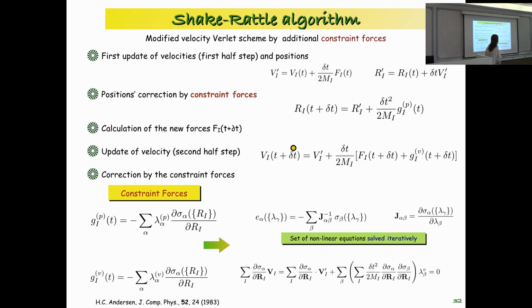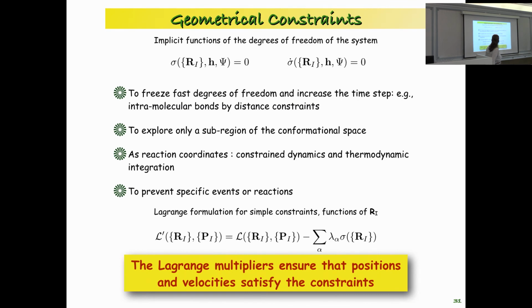You have to take care that the constraint means you have two conditions. One is the condition on the coordinates, which have to satisfy the value of the collective variable that you have defined, and the other condition is on the velocities, because for this variable the velocity has to be 0. And this will also be a combination of the velocities of the particles that are involved in the definition of these coordinates.